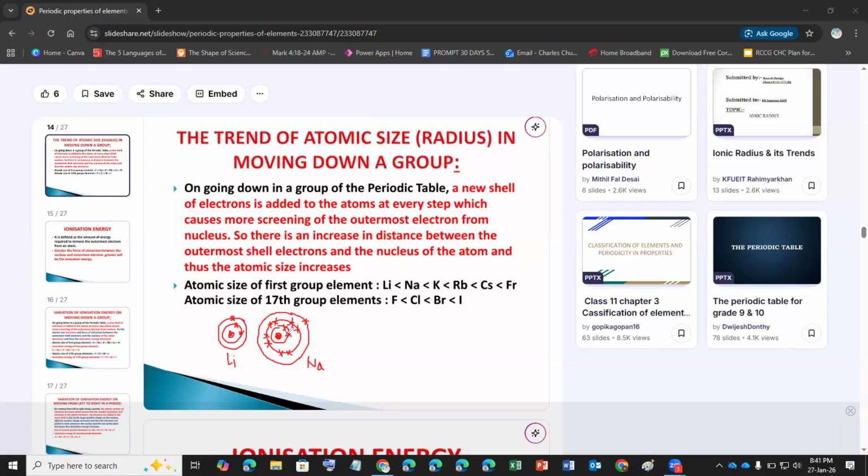So the first circle of electrons, which is the two, those ones have the strongest pull on them. So with sodium, the nucleus has a very, very strong pull on them.